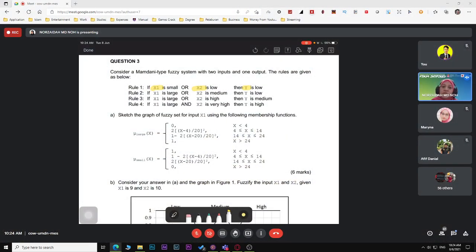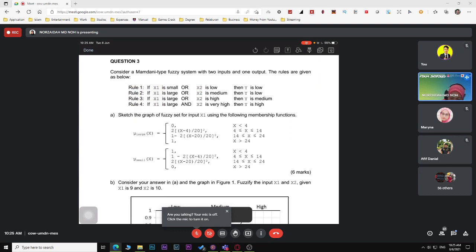Okay, so dalam contoh yang kita beri simple je lah. So if you look here in all 4 rules, all inputs are the same. Kita ada X1 dan X2, okay, and all the output is the same. We are talking about Y here. Okay, dia nampak jelas input dengan output dia nampak.